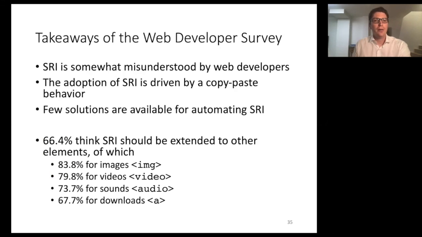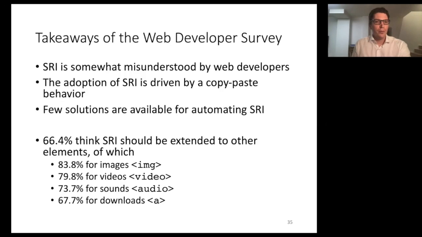So the key takeaways for the web developer survey are the following. First, SRI is somewhat misunderstood by web developers. The adoption of SRI is driven by a copy-paste behavior, and few solutions are actually available for automating SRI.